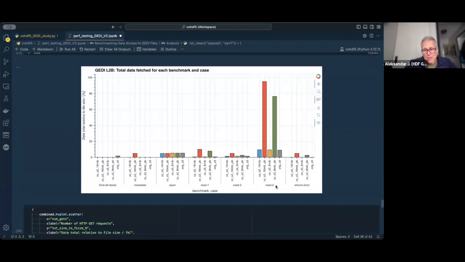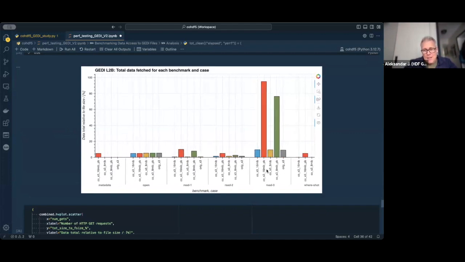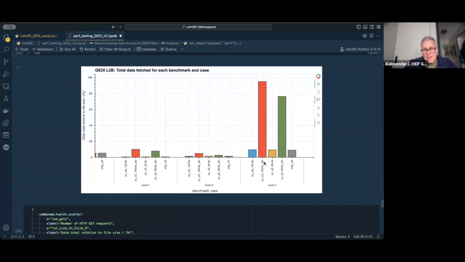In this read 3 operation for cloud optimized file, with 16 MB page, with page buffer enabled, 95% of the file was actually read. It's almost like, another 5% and you would download the file, in other words.